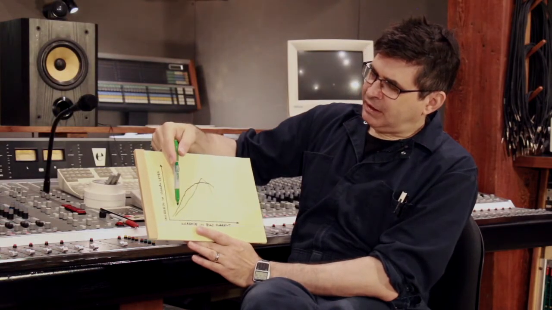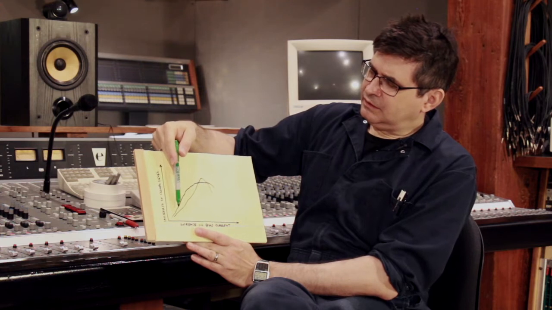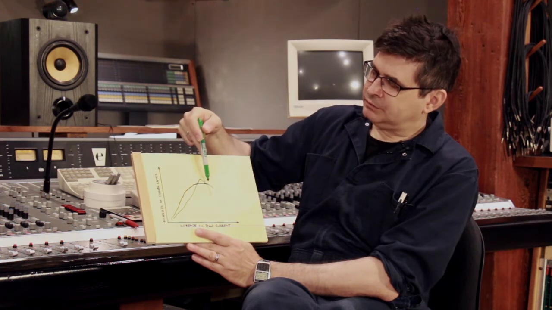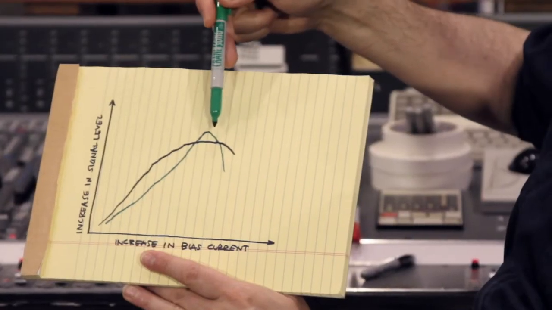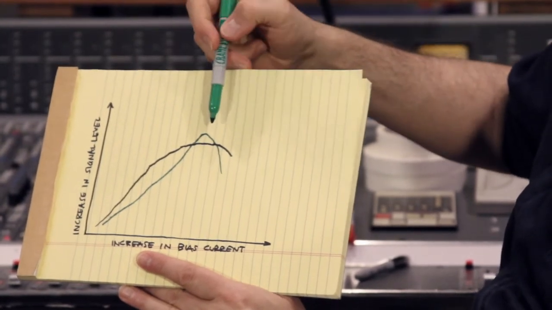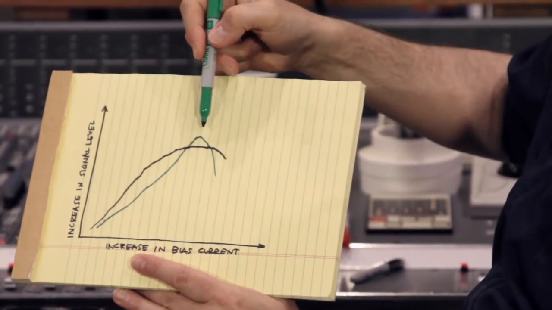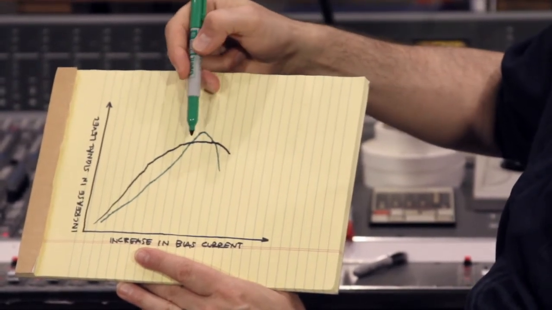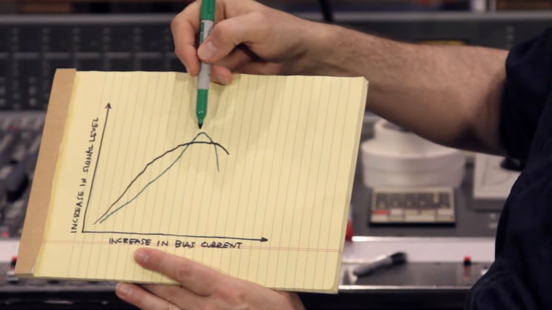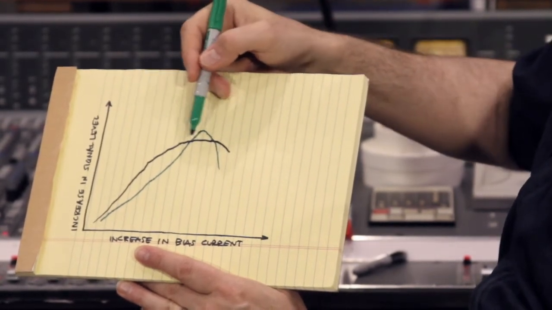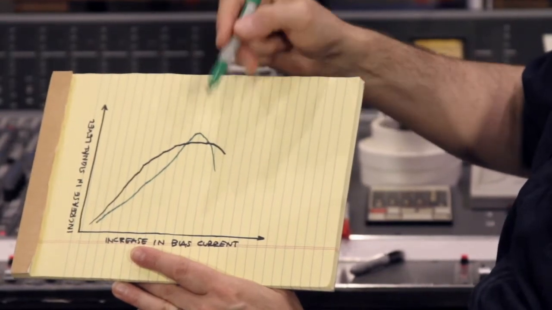So as you increase the bias, the general sensitivity of the tape goes up to a certain point and then reaches a plateau. Somewhere on that plateau will be maximum sensitivity for high frequencies. Let's say that this is the plot of a 10 kilohertz tone. The 10 kilohertz signal will get to its peak at a certain point on that plateau of general sensitivity and then begin to fall off.